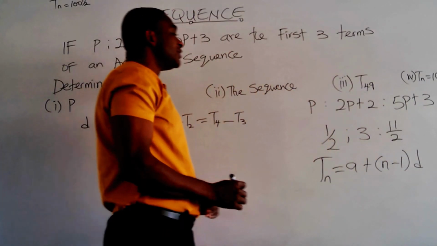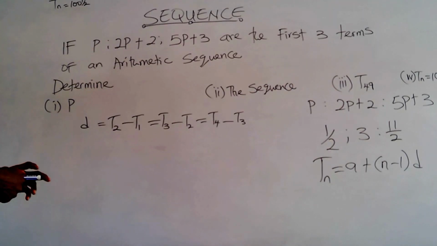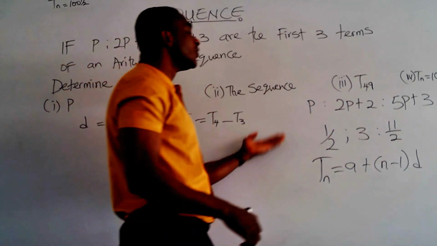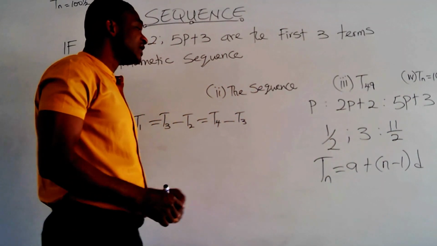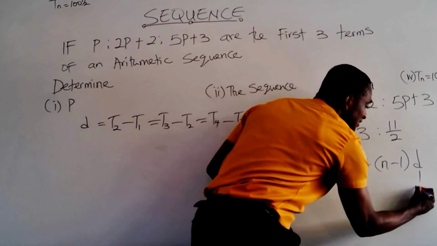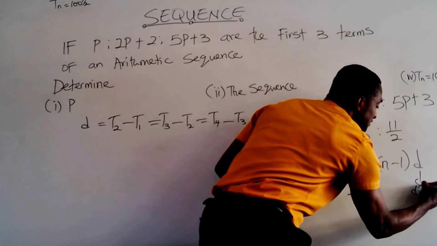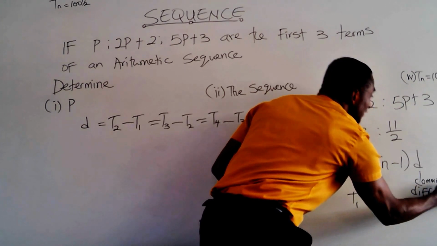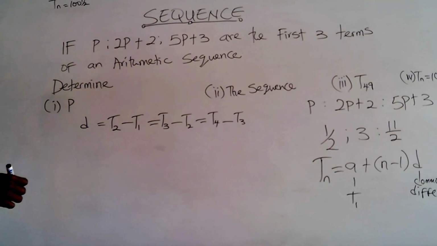Someone will say, let's count on and on, but it works faster to use the general term, where a represents our term 1 and d represents our common difference.